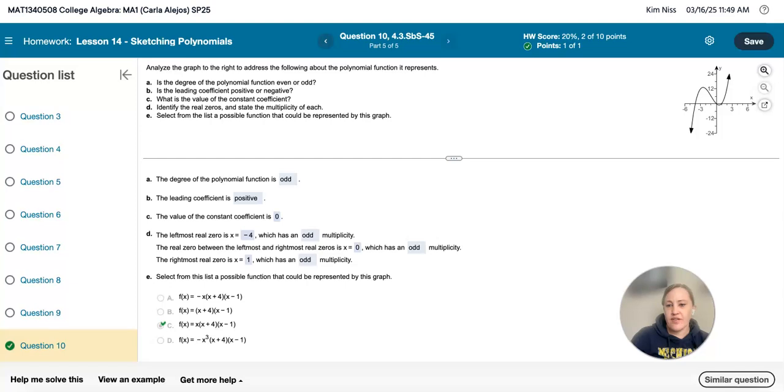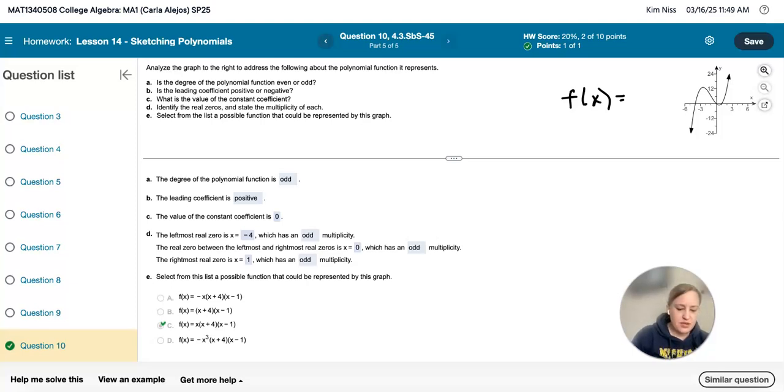So you're given a graph over here to the right. A lot of this is looking back at your known basic graphs of functions. And you know that this is the graph of f of x equals x cubed, I believe.